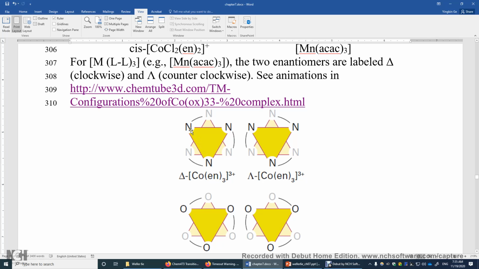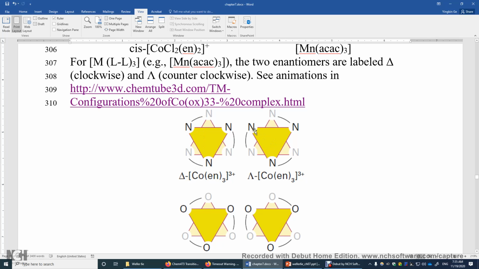So really, you have to imagine we're trying to screw. This is a screwdriver on your end. You are holding this. You are trying to screw this so that this triangle and this triangle will be aligned in an eclipsed conformation. So you'll have to rotate it this way. This nitrogen should go here, all right? And this is clockwise. If it's clockwise, it's labeled delta.